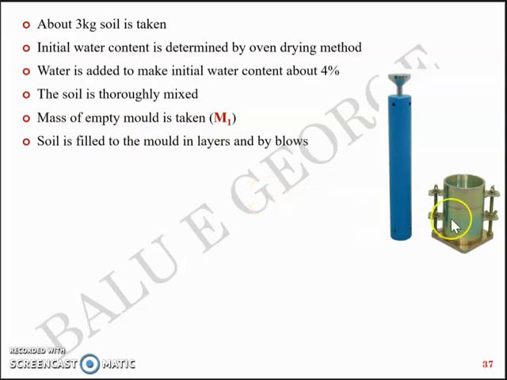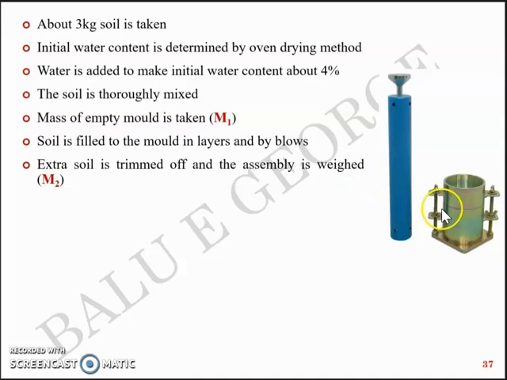The soil is then filled in the mold in layers and by blows as described previously. Extra soil that comes above the mold is trimmed off using a knife or a spatula, and the assembly is weighed. Let the weight be M2.